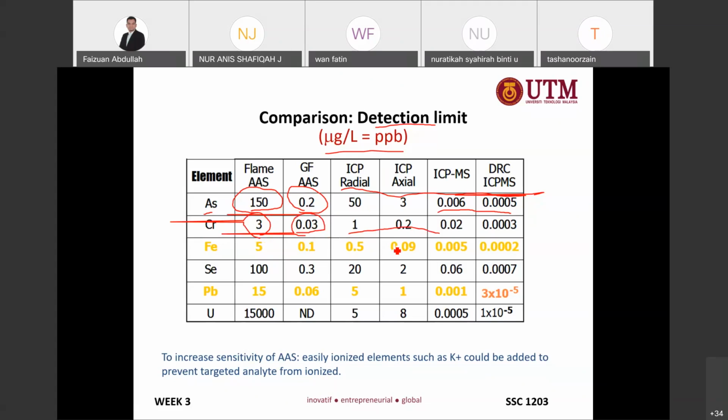We also have another instrument. You can see the table comparison of detection limits. If we want to analyze lead, and we know the concentration of lead in the sample, roughly, for example, 20 ppb and above, what is the method that is suitable for detection of lead in the sample?